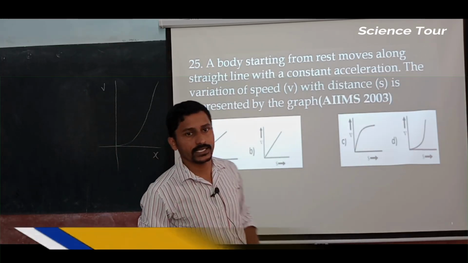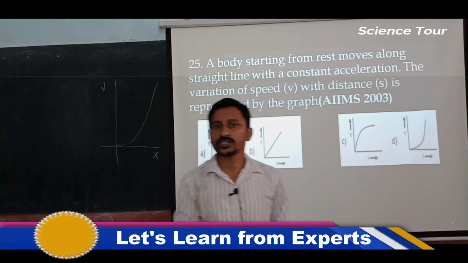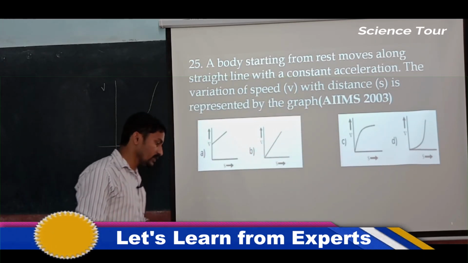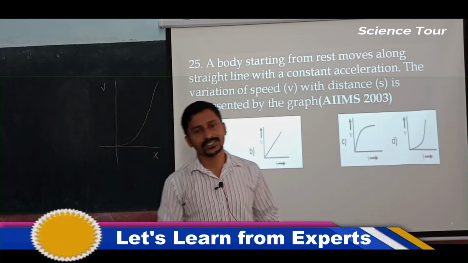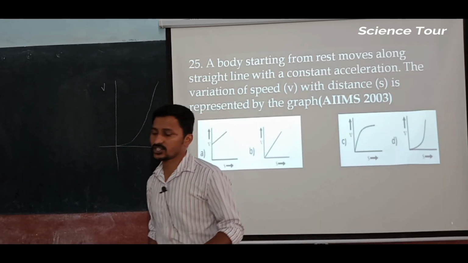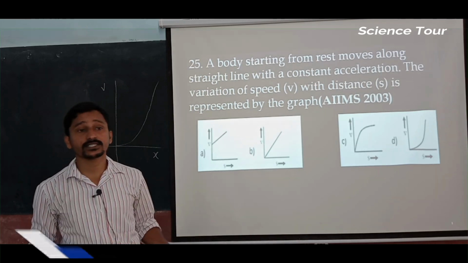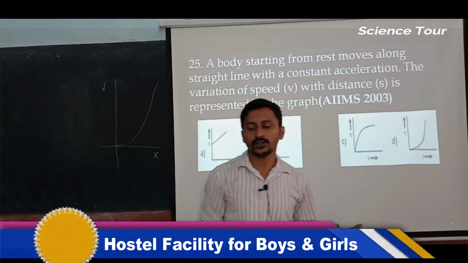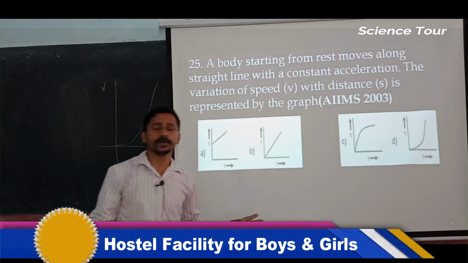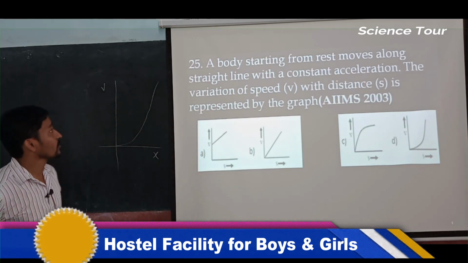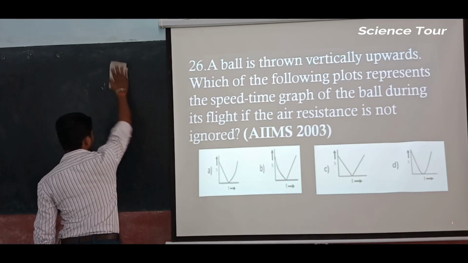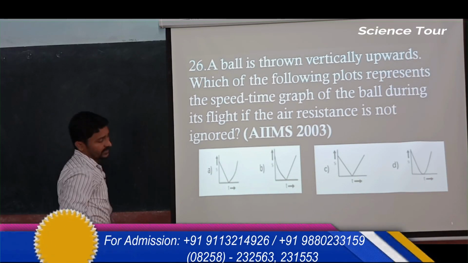You have to understand the question in an exact manner and try to relate it: when they are saying it is constant acceleration and from rest, relate that to the freely falling body. Simple. Go to the next question, read it on the screen and try to find out the answer.